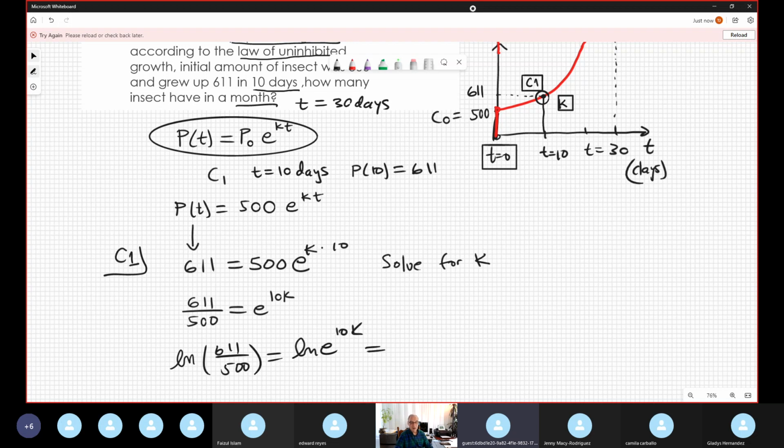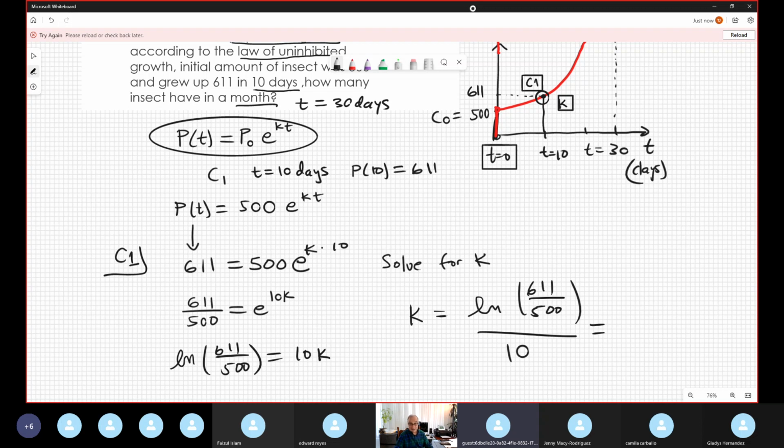So this cancels out, and we have only 10k. Therefore, k alone is equal to ln of 611 divided by 500, divided by 10.